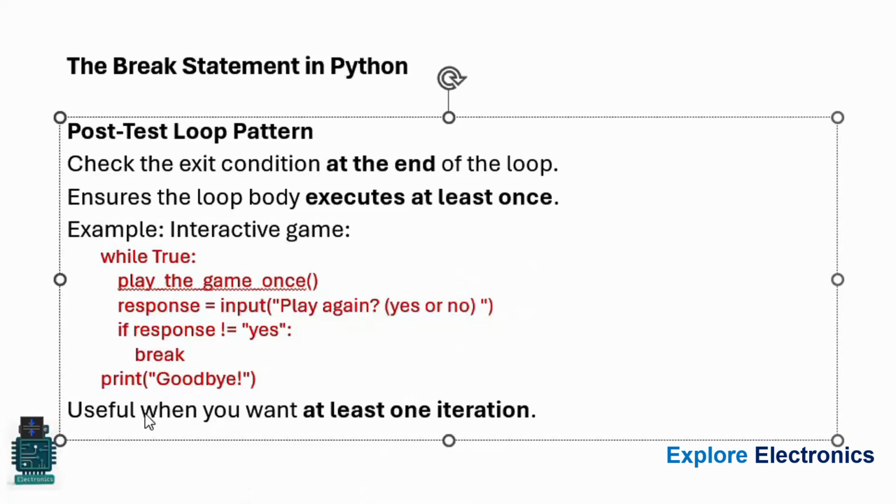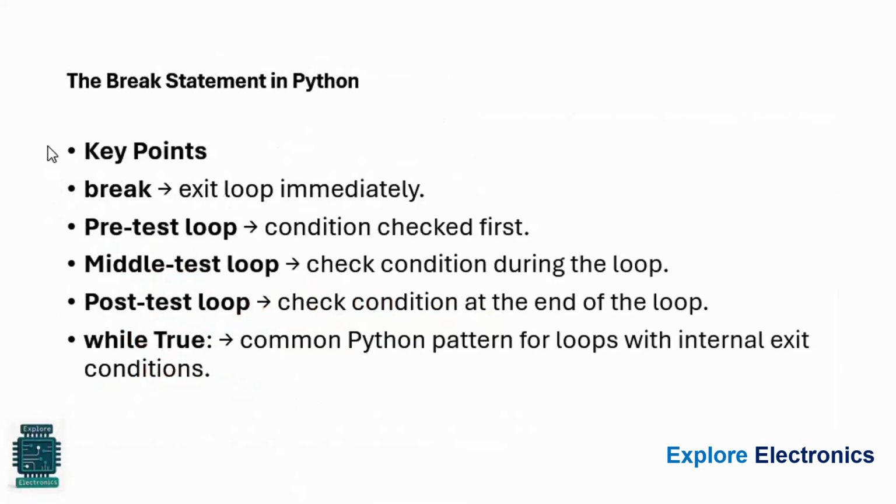It is useful when you want at least one iteration in the body of the loop. Let us see the key points in the break. Break means it will exit the loop immediately when the given condition becomes true. Pre-test loop means the condition is checked first.